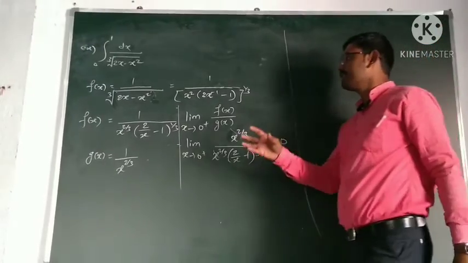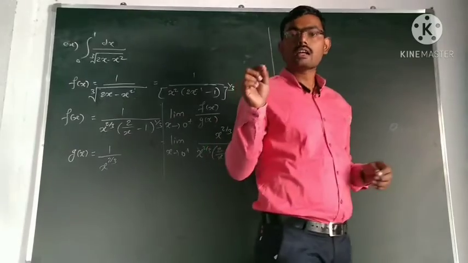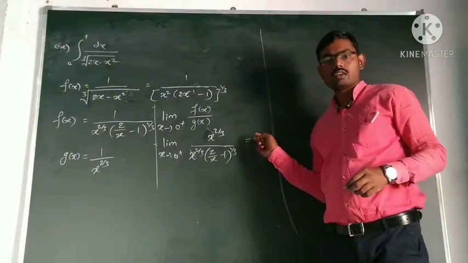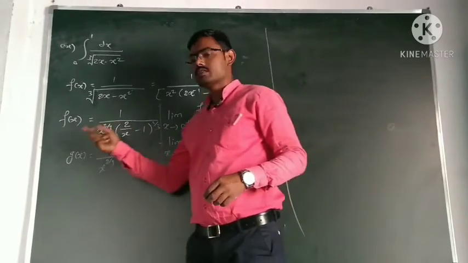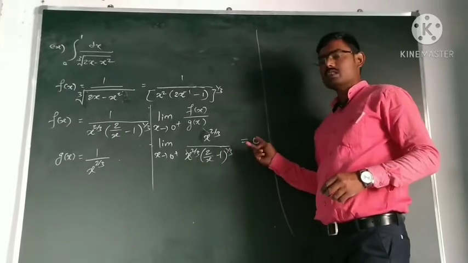Now we have seen comparison test 2, or limit comparison test, also known as the quotient test. If the limit is equal to 0 and if the integral of g is convergent, then the integral of f is convergent. Here the limit is equal to 0.